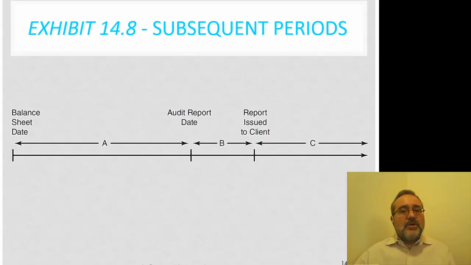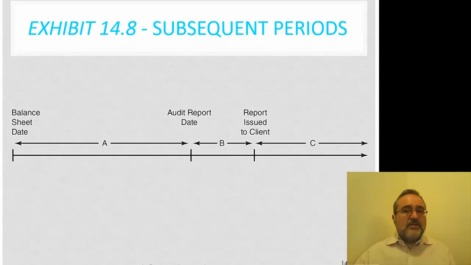Now, once the audit report and the financial statements are issued, we have no more responsibility unless, as you see in C, C is the period of the subsequent discovery of facts.